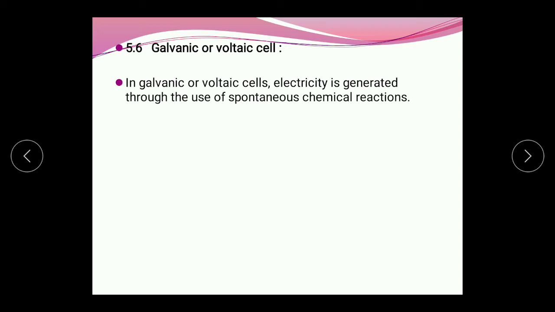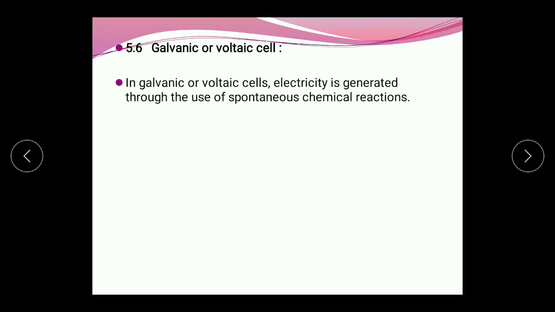The dry cell, you call it a battery, you use for your mobiles, torch, radio. Those batteries or dry cells are kinds of galvanic or voltaic cells.